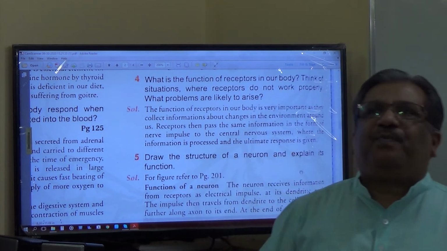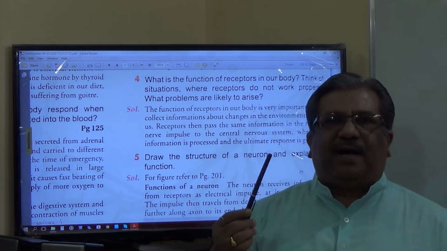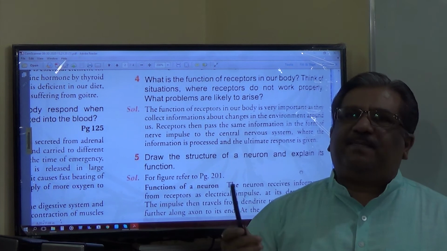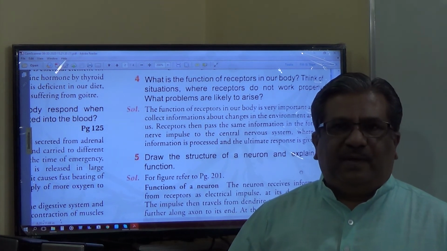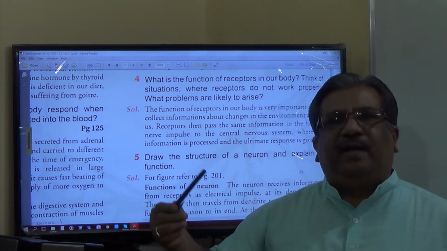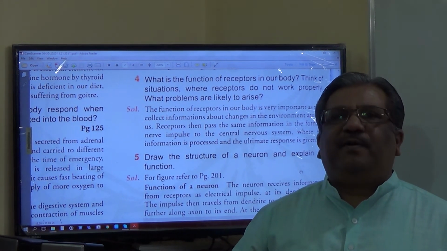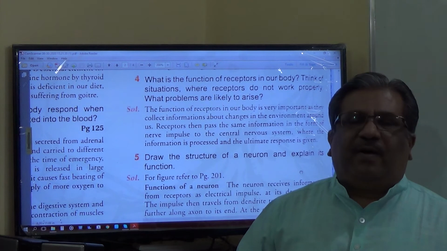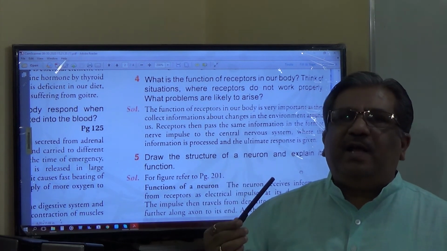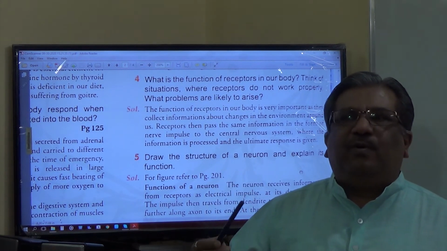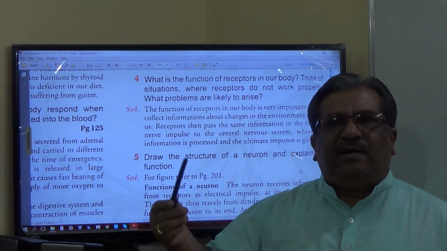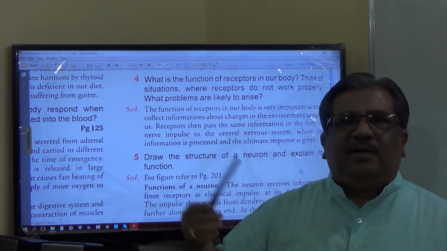For example, photoreceptors are present in our eyes. If the photoreceptors are not working, and if a vehicle is coming at high speed in front of us, there could be a possibility of an accident, because the body will not respond to the object.